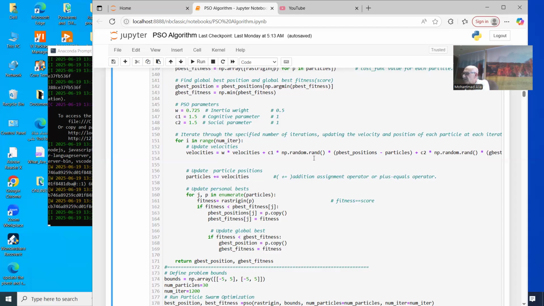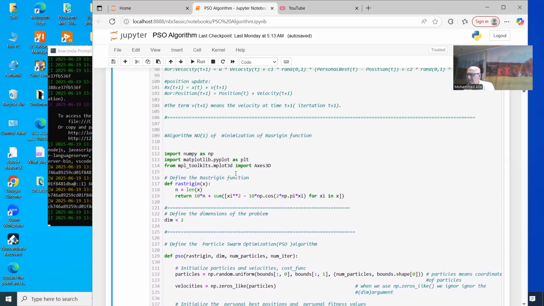The rand gives you a value between 0 and 1, multiplied by the difference between the particle personal best positions and the current particles positions, plus C2 R2 multiplied by the global best minus the particles. So we have updated the velocities and we assigned it to a variable called velocities. Knowing the velocities now, we add them to particles with plus equals. We have now updated the positions of the particles, as I have explained to you above.